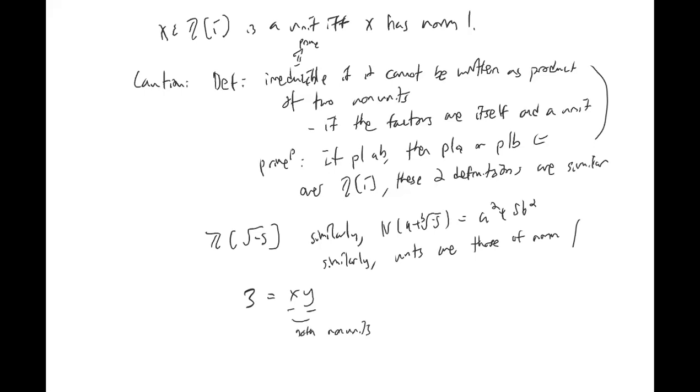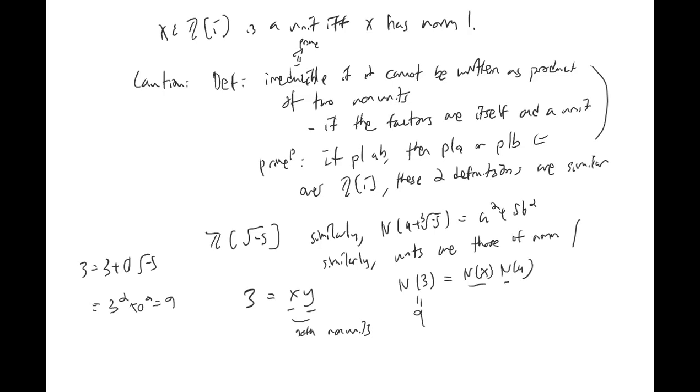We're going to do a proof by contradiction. Then the norm of 3 is the norm of x times the norm of y. What's the norm of 3 here? 3 is 3 plus 0 root negative 5, so the norm is 3 squared plus 0 squared, which is 9.